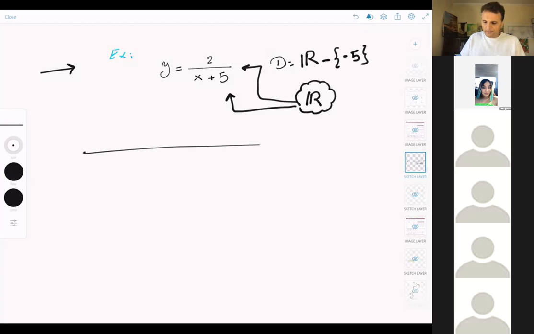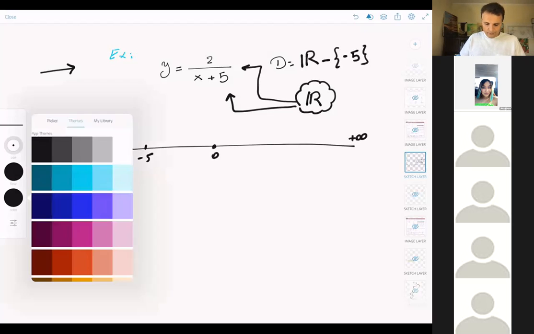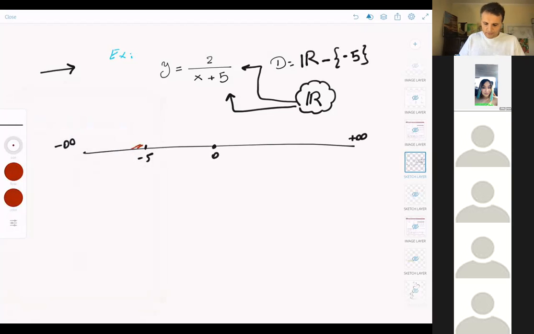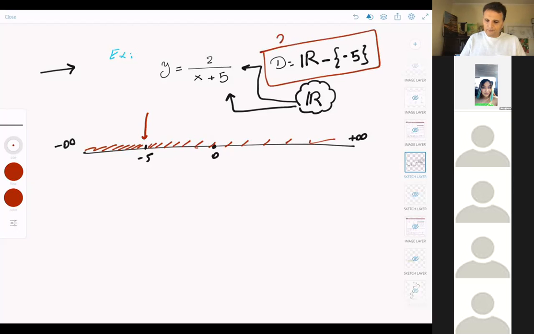That means on the number line, this is 0, that's -5. This is negative infinity, that's positive infinity. We can plug any number here all the way, but not -5. This is one way to show it that I believe you guys like.